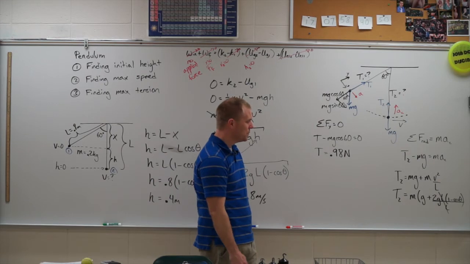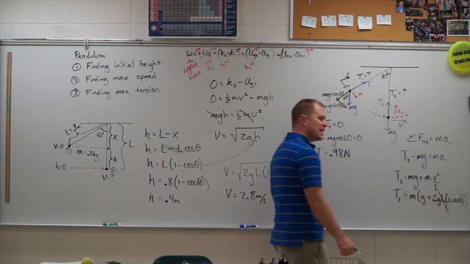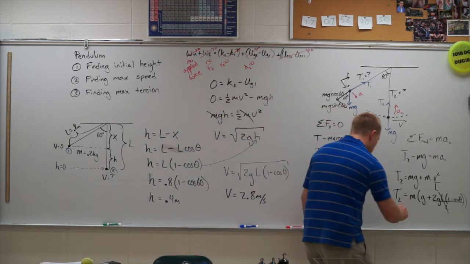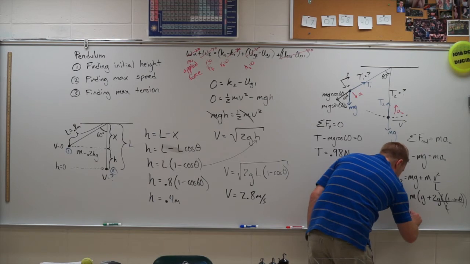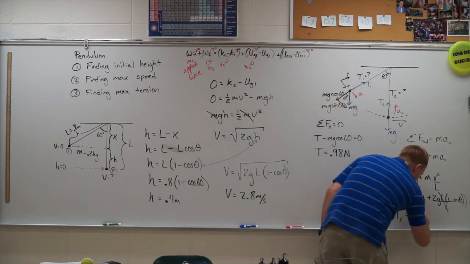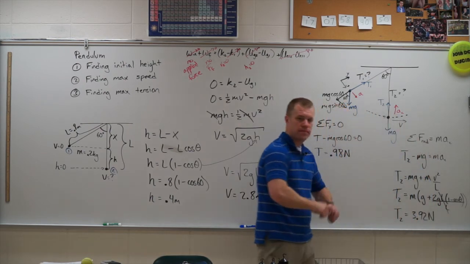That's kind of cool. And so the length doesn't make a difference on that pendulum. Kind of an interesting thing there. So tension T2, if you do plug in your numbers now, the tension comes out to be 3.92 newtons. And there you have it.